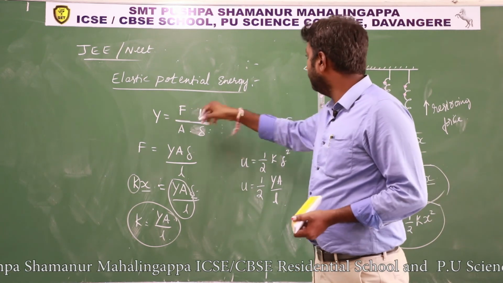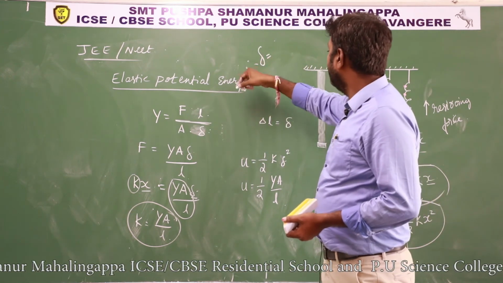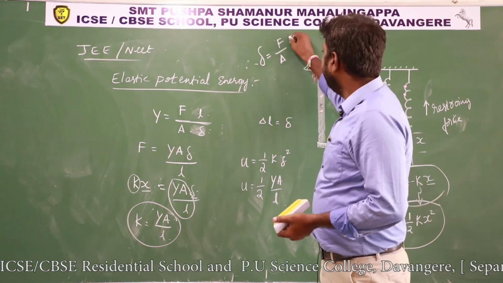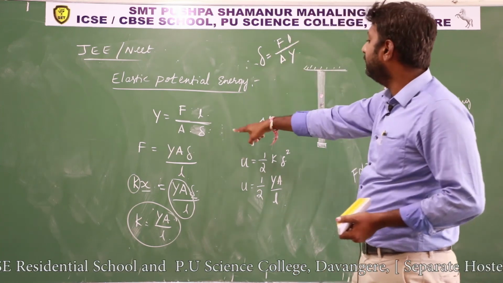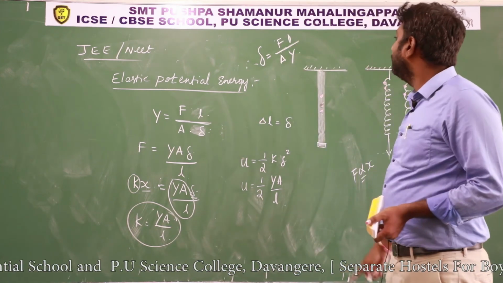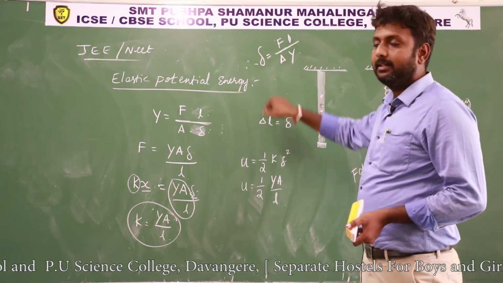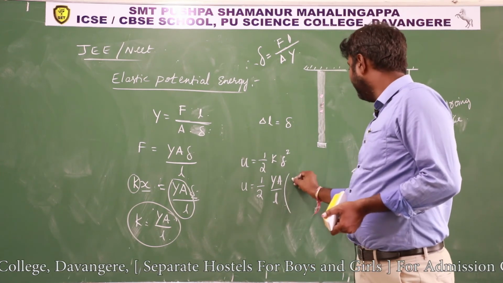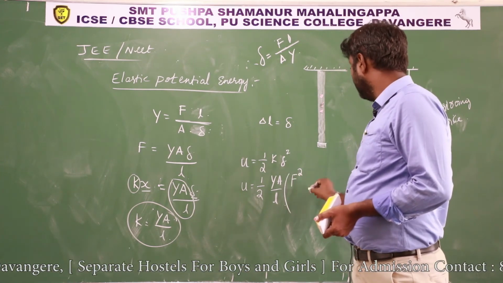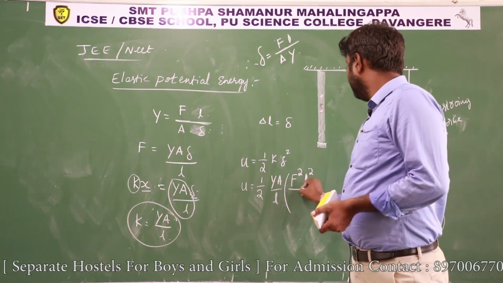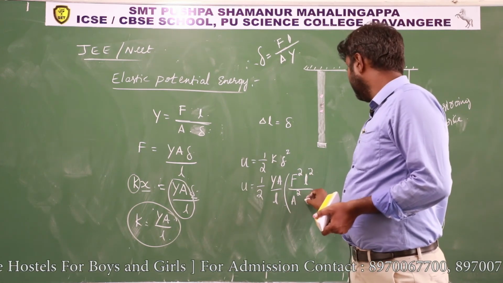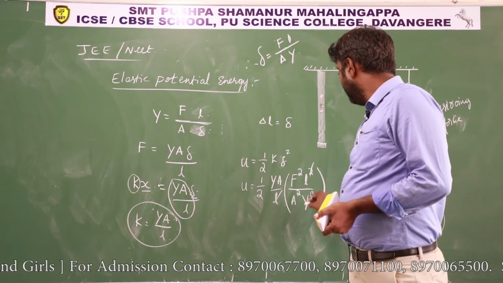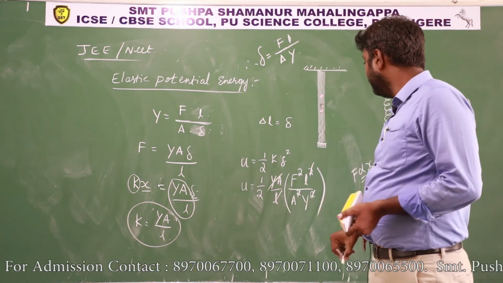Here you can see in this formula, delta is equal to F by A, F divided by A, L divided by Y. You just shift delta that side. So this is the value of delta L, or change in length. Then delta square, we can write as F square L square divided by A square into Y square. So definitely here this square L and YA in this square will get cancelled.